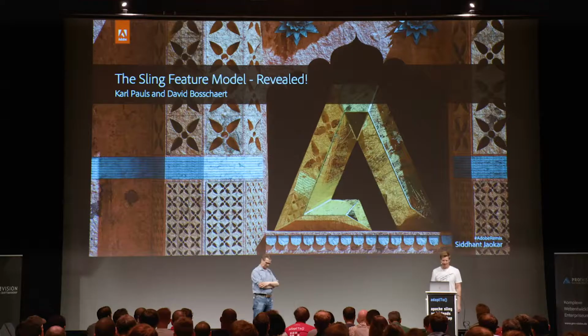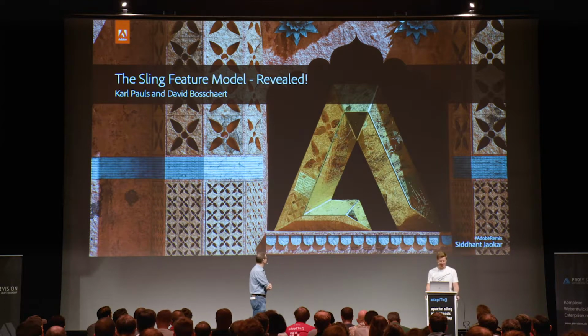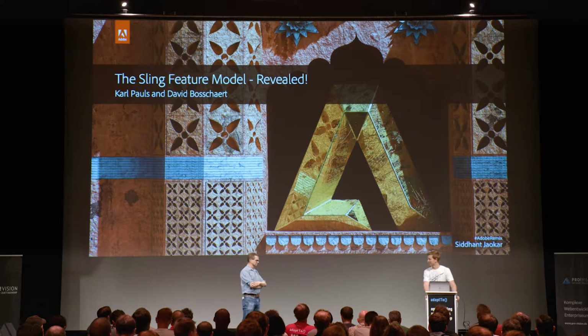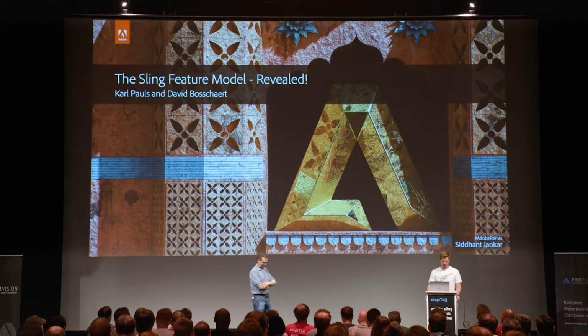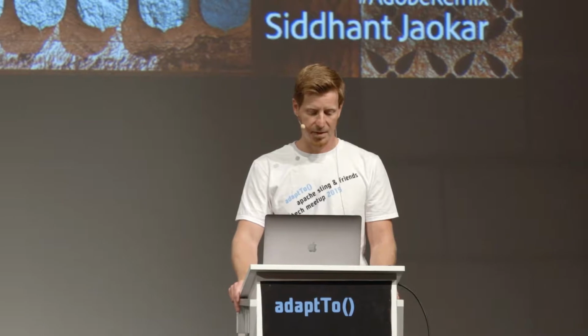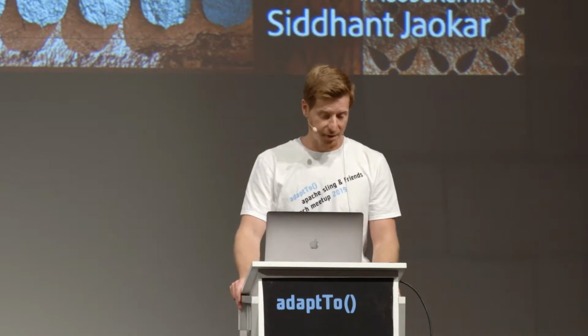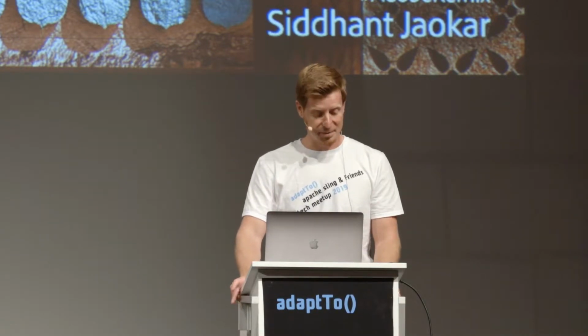Back then there was some implementation and some concept, but not yet fully usable. Since then David joined, and we worked on it both internally at Adobe and on the Sling side, and finished the concept and polished the implementation some more.